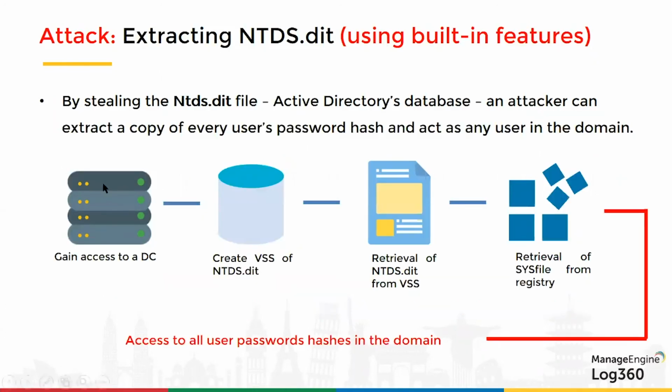Right? So an attacker basically gains access to a DC. The attacker creates a volume shadow copy of the DC, right? The ntds.dit file cannot be opened by the attacker directly, so all they have to do is create a volume shadow copy of the ntds.dit file, and then they can crack the volume shadow copy and get end users' password hashes.